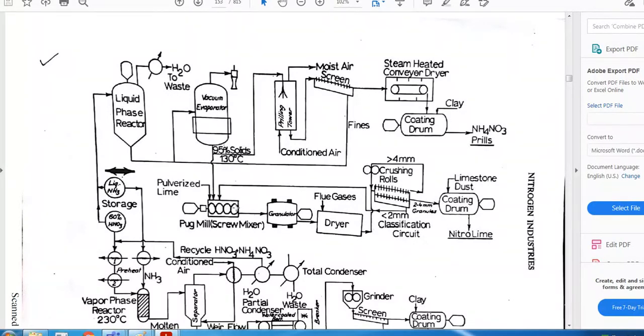Okay, so here you have different types of mixers. ఏం చెప్పాను నేను? The agitation system we design in such a manner that we should understand the dynamics of the mixing. What type of materials are you going to use? Liquids are continuous, solids are discontinuous. So here you have pulverized lime, which is a discontinuous solid. Powder కాబట్టి. So here you have a powder, and here you have one more thing, and then they are all mixed thoroughly.